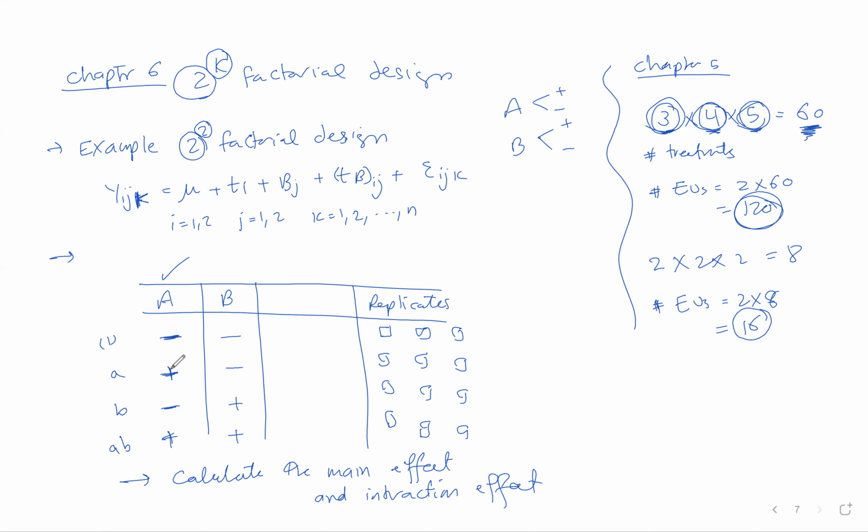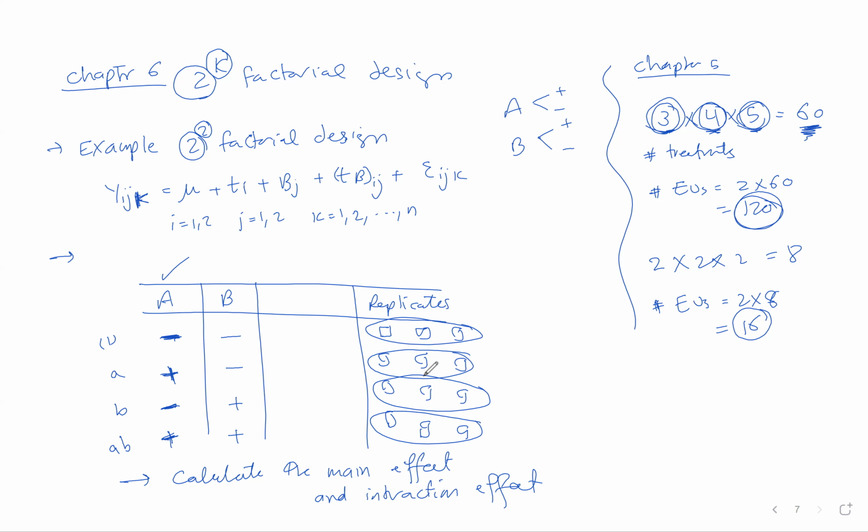For the pluses, I can calculate the average by summing these 6 values and dividing by 6. It gives me the average under plus. And I have 2 minuses, so the average of these 6 values gives me the average under minus. The difference between the average under plus and the average under minus gives me the main effect of A. You can do the same thing with B.